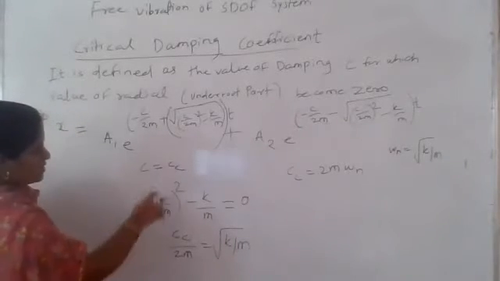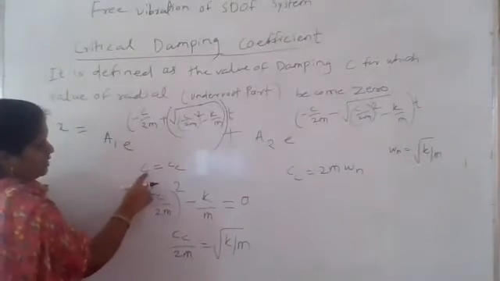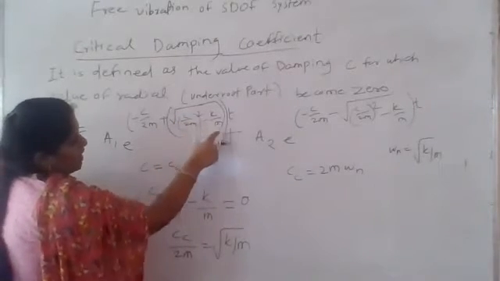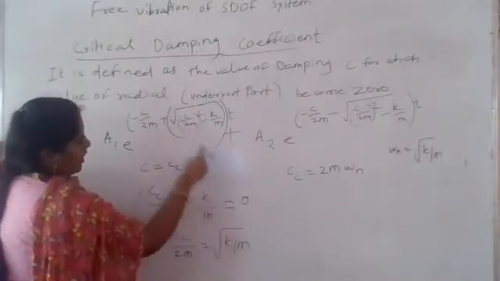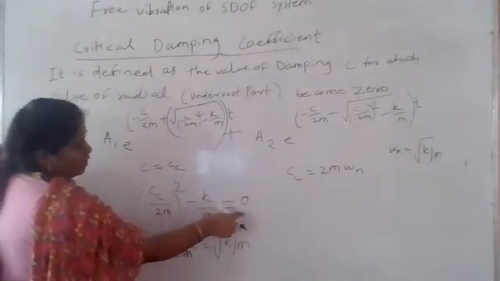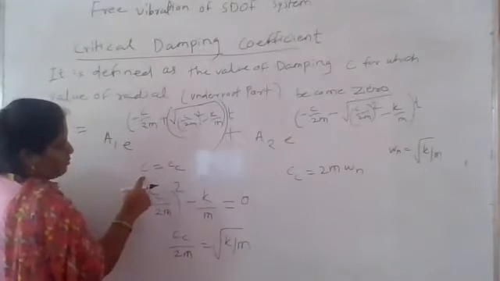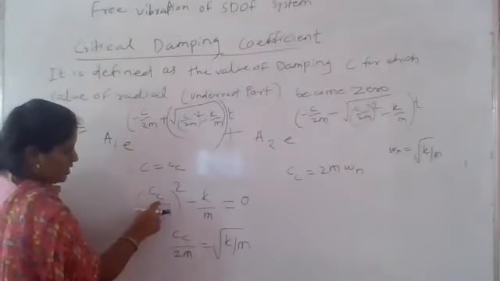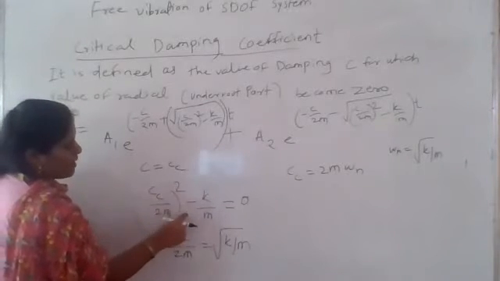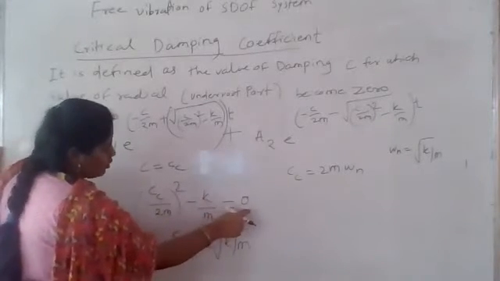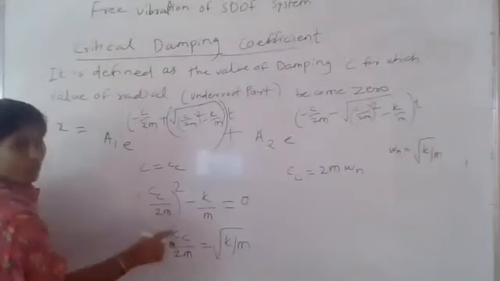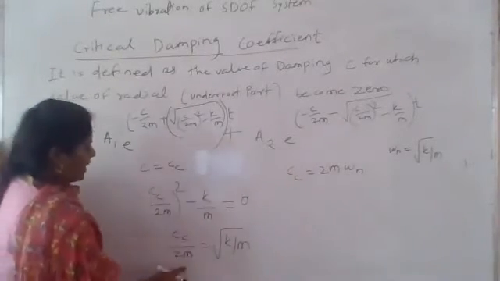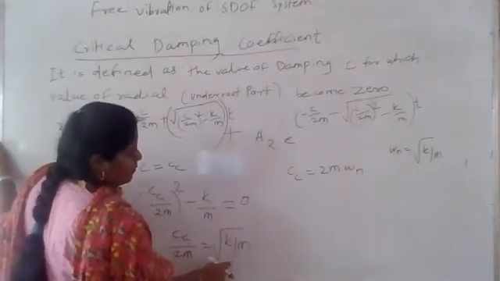Okay. So based on this, we put c by twice m bracket square minus k by m is equal to 0, and when this under root part is equal to 0, at that point c becomes Cc. So you can put Cc by twice m bracket square minus k by m equal to 0. From that, by taking the square root on both sides, we get directly Cc by twice m is equal to root of k by m.